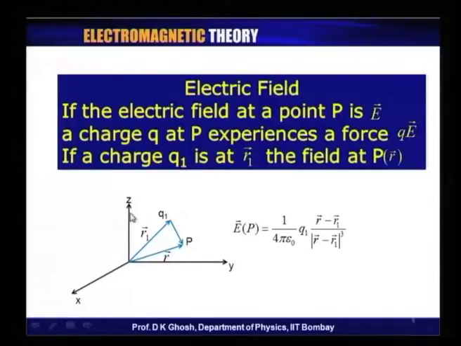And for the electric field, I divide by the test charge I am putting at P. So, the electric field at the point P, which is at the position r, due to the charge q1 located at r1 is given by 1 over 4 pi epsilon 0, this is the permittivity term, q1 and r minus r1, that is the direction of this vector, divided by the cube of the magnitude of r minus r1. You notice I have written the vector r minus r1 at the top and the cube at the bottom, so that the dimension actually is 1 over r square.